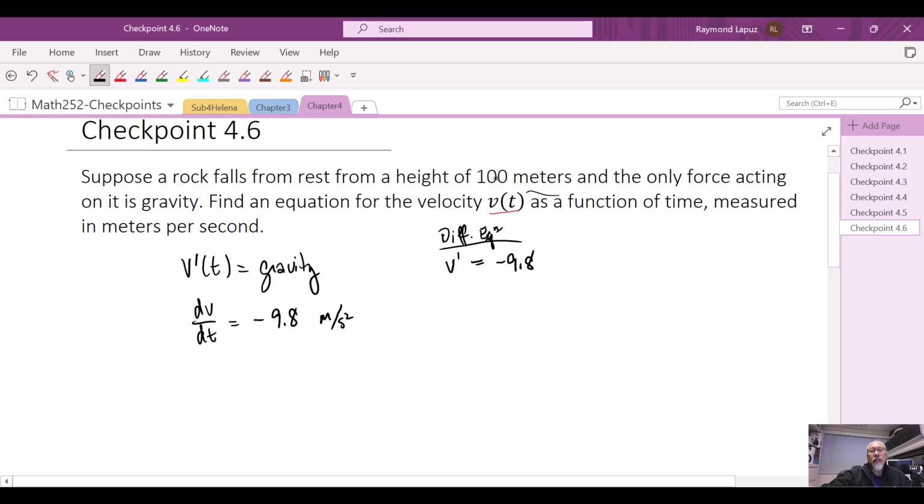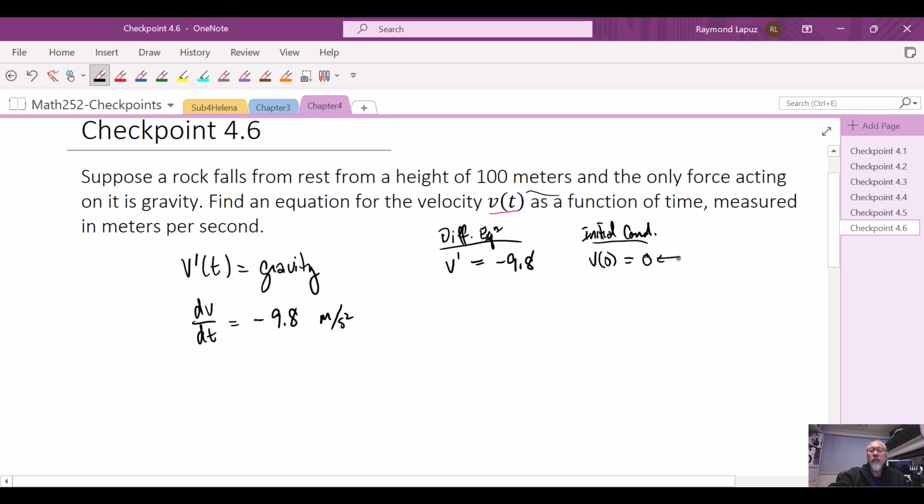Now they give us an initial condition. And the initial condition tells us where we are at time 0. I guess it's not where we are, but what is v at 0? So v of 0 is coming from rest.